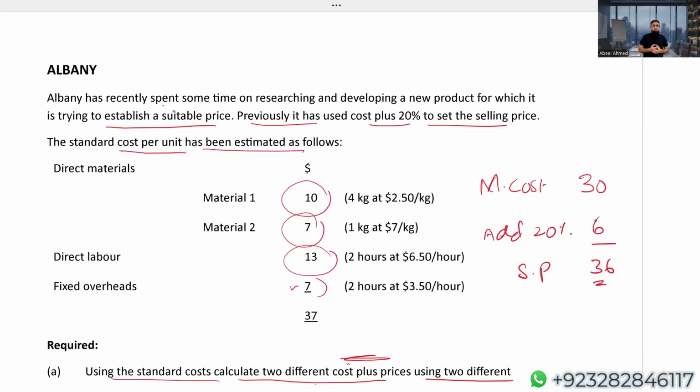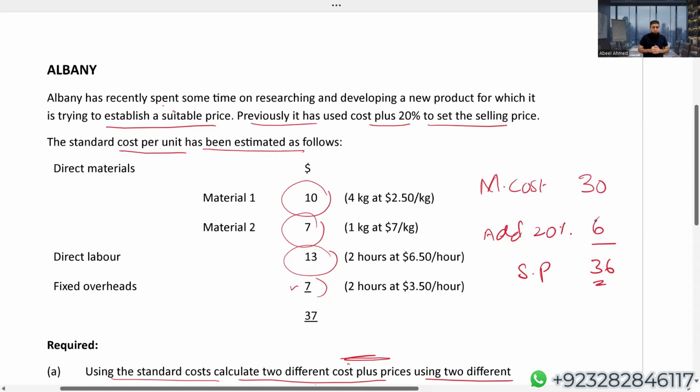Plus, it ignores the price demand relationship as well. You're not looking at the market. You're deciding the selling price which is organization oriented. What your company believes will be the selling price, and that's it, whatever the market. So the price demand relationship is missing also.